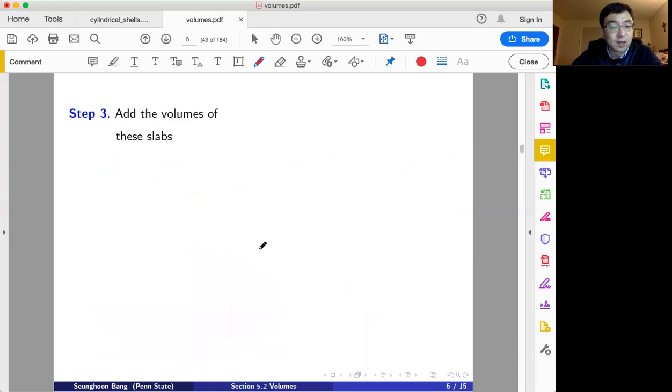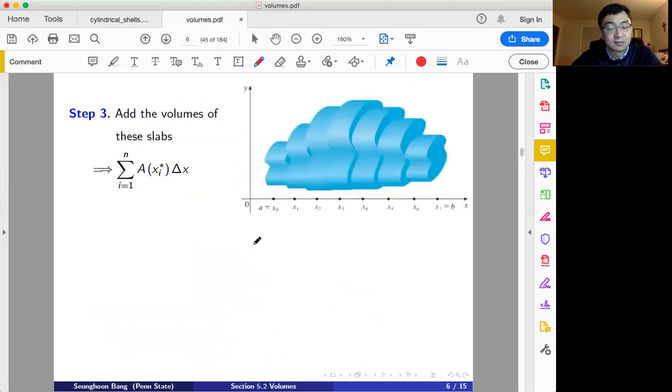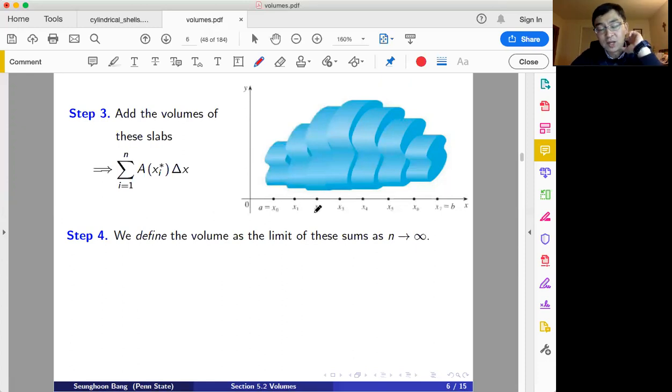Step 3, add the volume of these slabs: the summation from i equals 1 to n of A(xi*) times delta x. You can add them all. Next, we define the volume as the limit of these sums as n approaches infinity, because this is an approximate value, right?